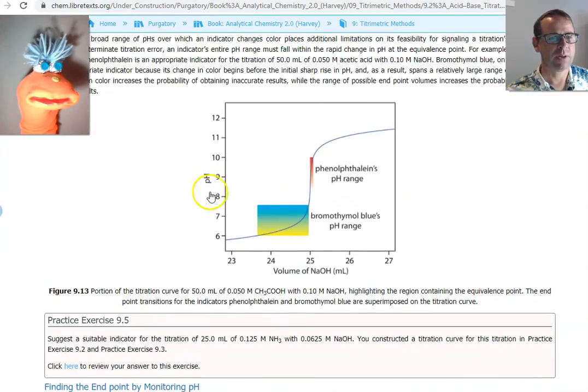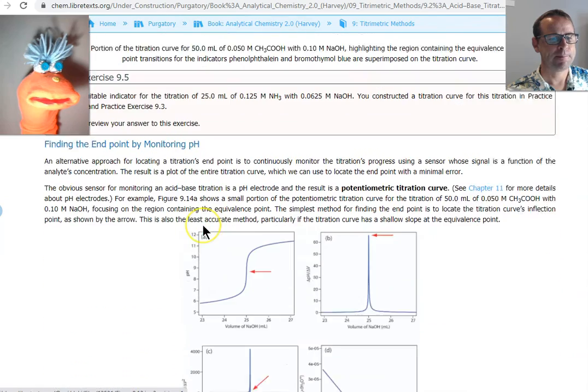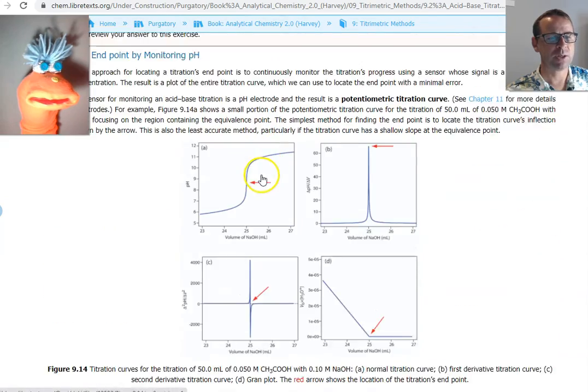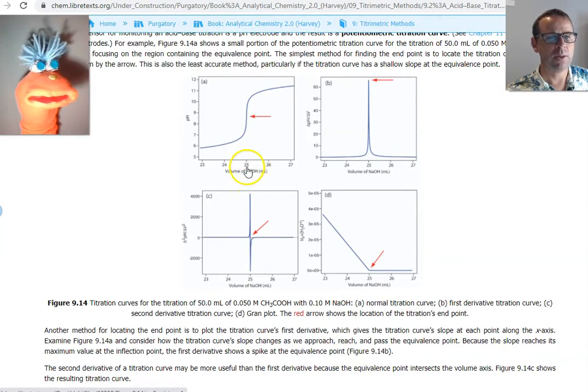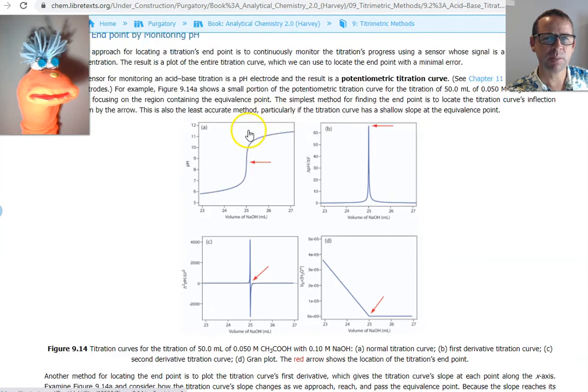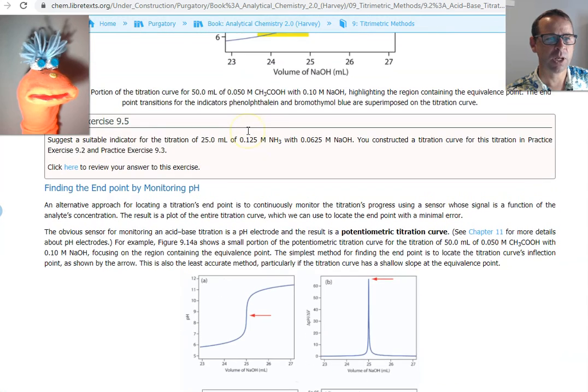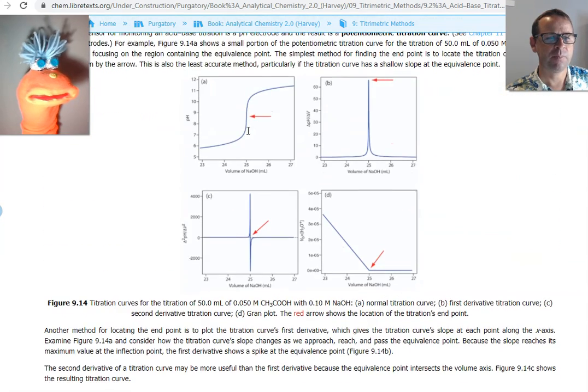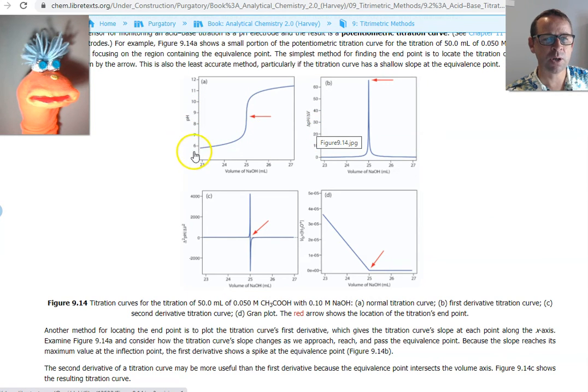Okay, very good. And you have to be careful with some indicators, but the way that I can identify exactly where our endpoint is, something we want to talk about here. What we do is we take the derivative, or we look at the change in a pH curve here.